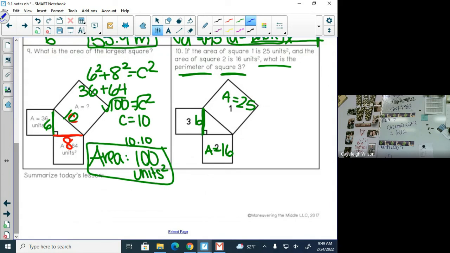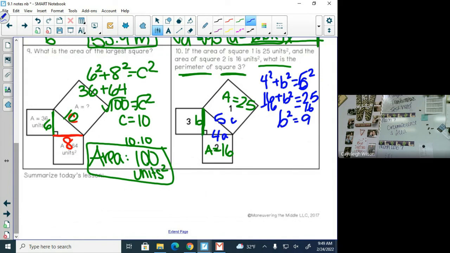All right, so you should know that the hypotenuse is 5. This side is 4. So this is A and C. So 4 squared plus B squared equals 5 squared. That's 16 plus B squared equals 25. Subtract the 16, so B squared equals 9. So B equals 3.